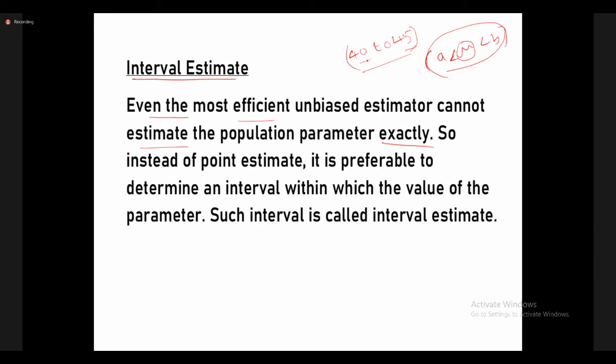That is the interval, and this type of estimation is called interval estimation. So instead of a point estimate, it is preferable to determine an interval within which the value of the parameter lies. Such an interval is called an interval estimate.